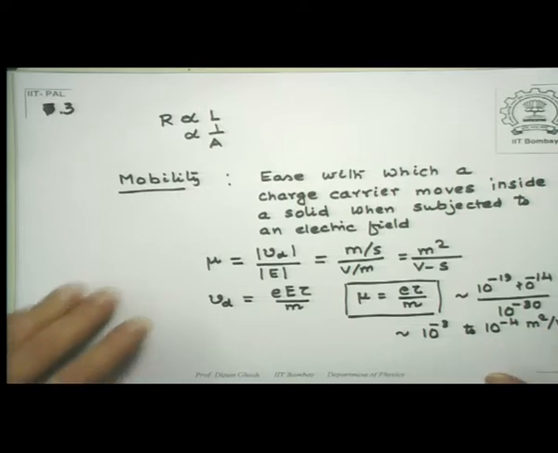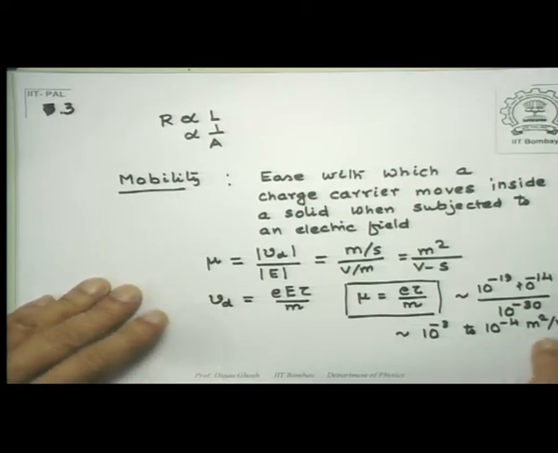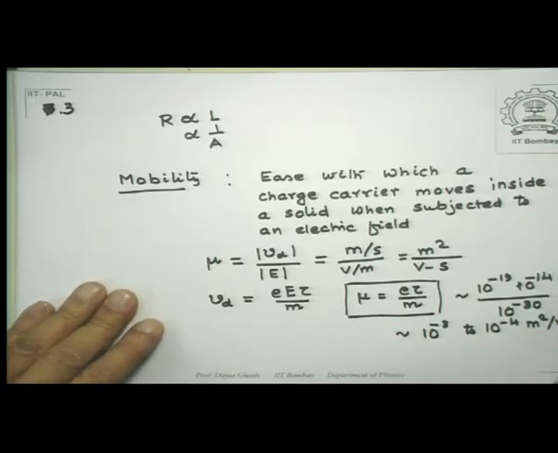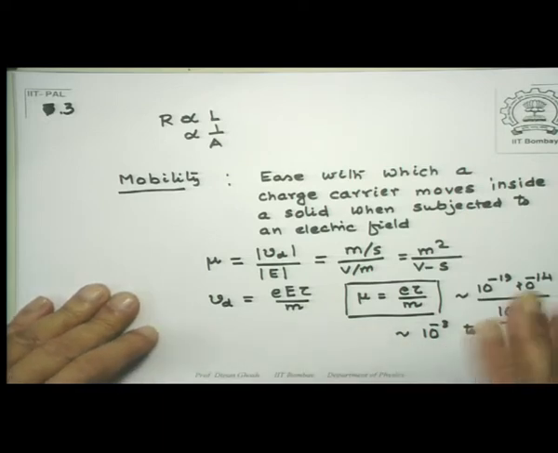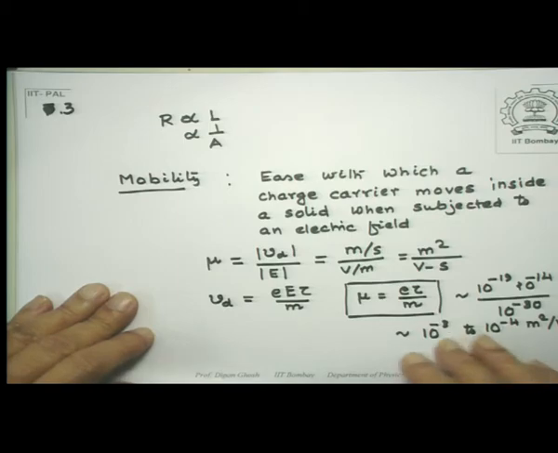Usually this is measured not in meter square by volt second, but in centimeter square per volt second. We will do some calculation; we will see this is not very large for a substance like copper, etc. Where mobility becomes much more important is in semiconductor devices, solid state devices. They require large mobility for their efficient working.